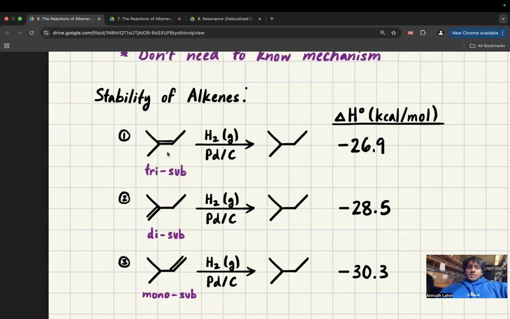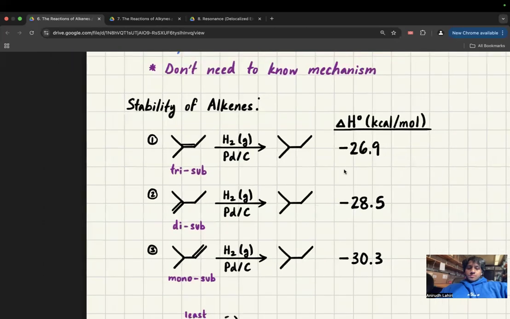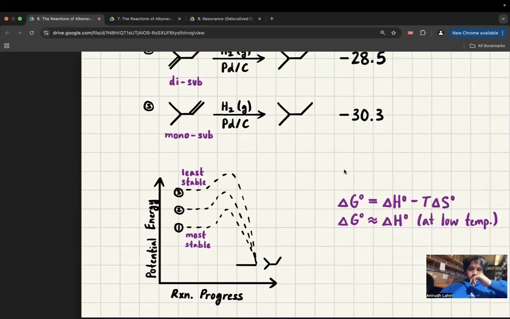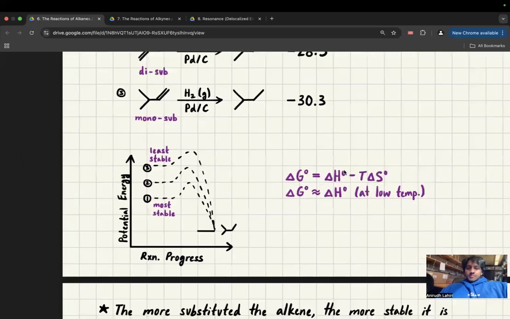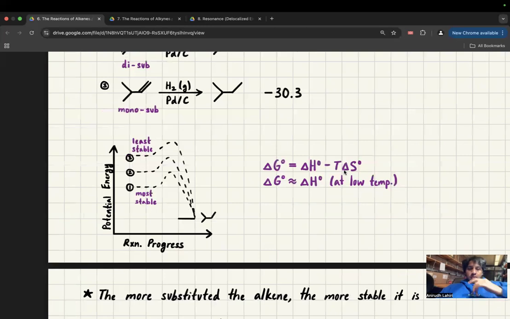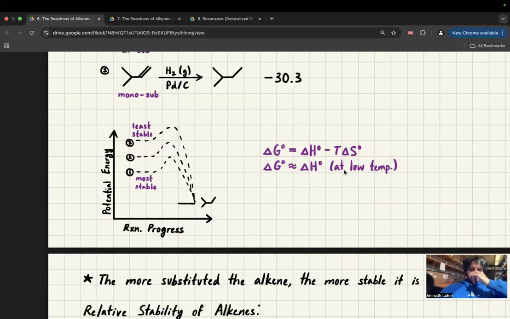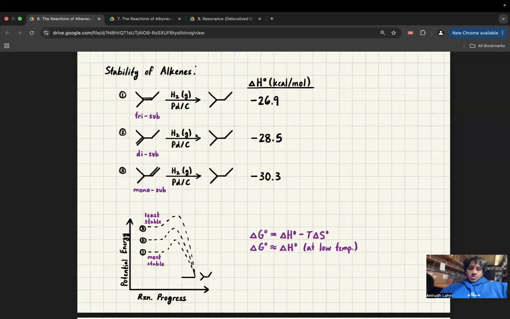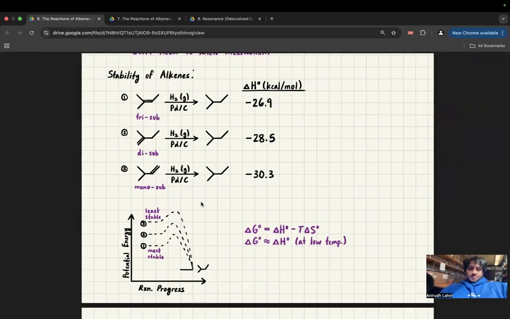So when we get a reaction, since we have something that's more stable, we have a lower change in energy between these two. Cool. Okay, so this is just the reaction plot that corresponds with each of these.